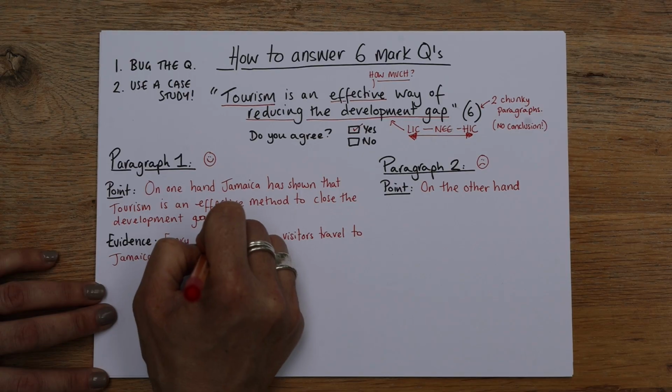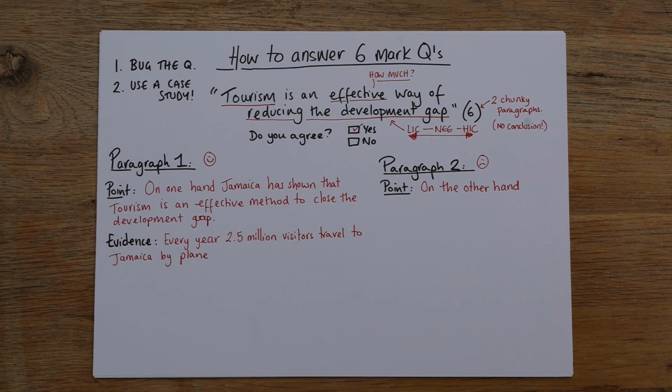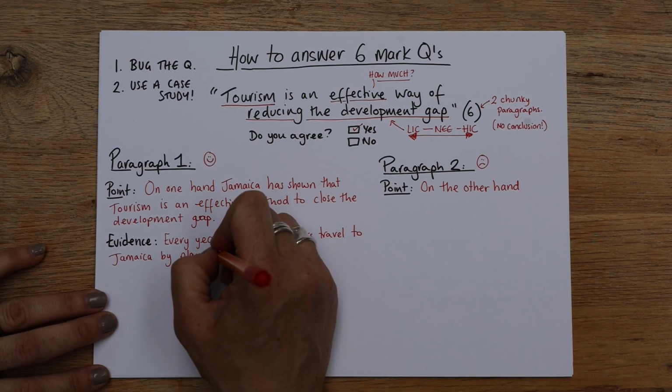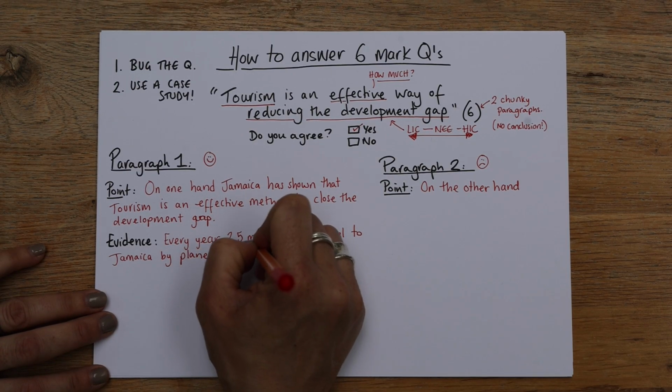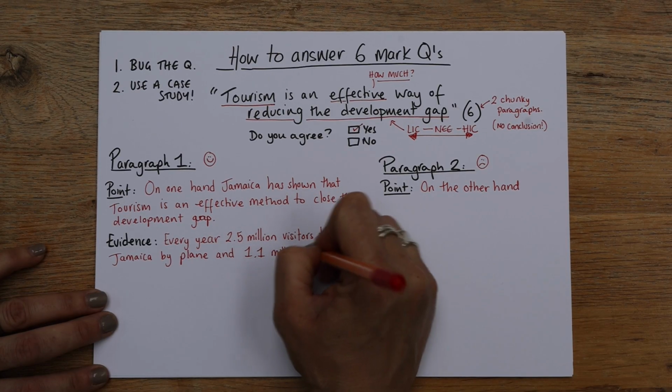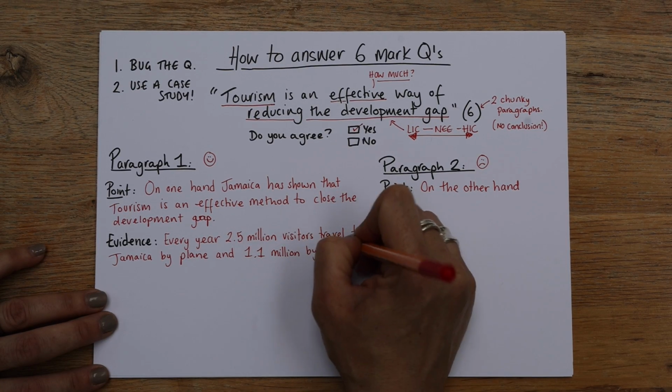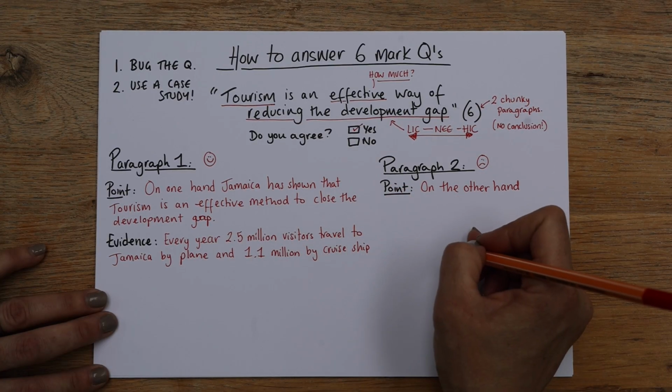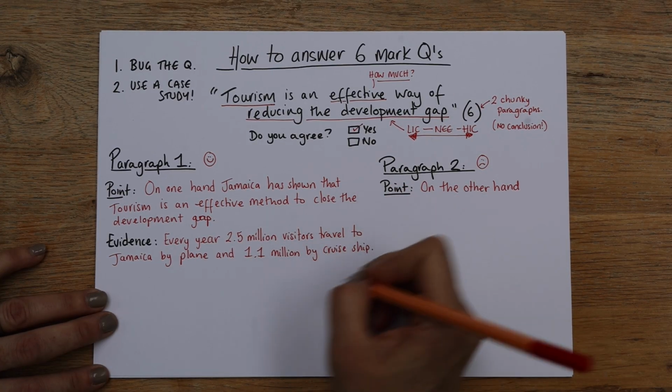Now that's important, because if they're coming by plane, they need somewhere to stay. So they're going to be spending money on accommodation. And 1.1 million by cruise ship.